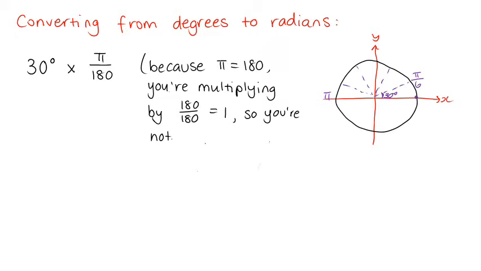So you're not changing the value at all. Right, so when we times over here by pi on 180, we're not actually doing anything to this degrees because we're just basically timesing it by 1.